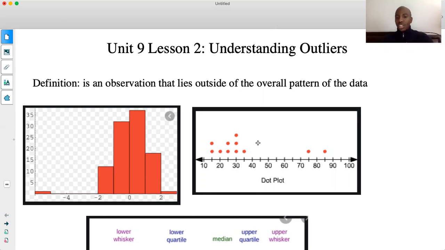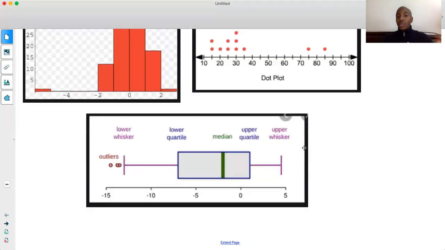But you look at the generic data and you see, okay, are there any that actually lie outside of the actual cluster that I see? And we're just doing observations at this point. What I would love to do in lesson 9.4, after we learn IQR, is talk about how to represent data on a box plot and identify the outlier from the box plot, which looks like this, right?